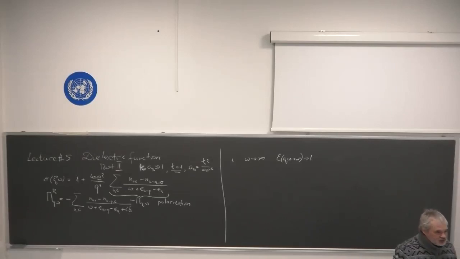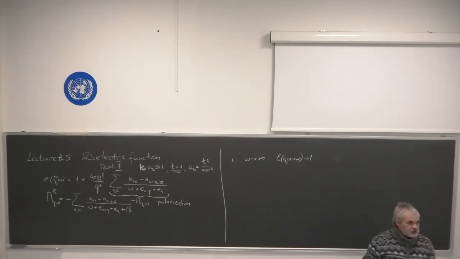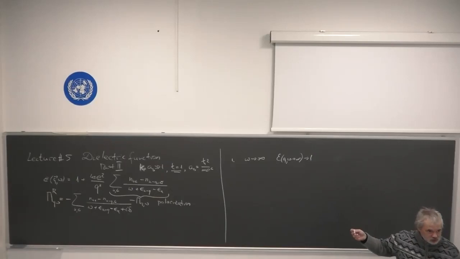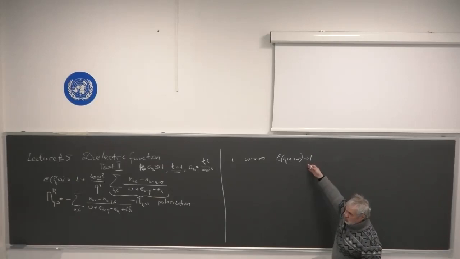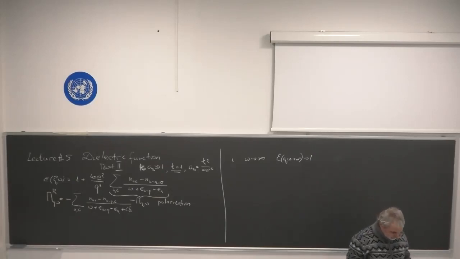So if omega goes to infinity, it means you consider the correlation function at very small times. So if times are small, omega goes to infinity, polarization or dielectric function approaches 1, so there is no time for screening, times are small. So this is an obvious property with obvious meaning.